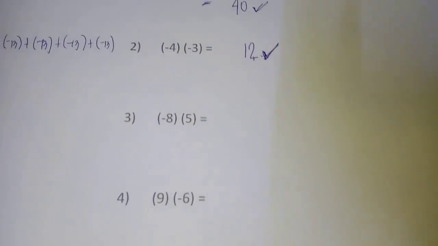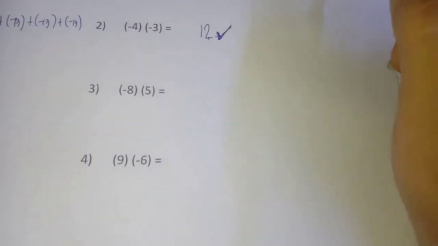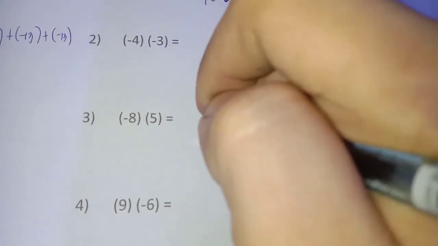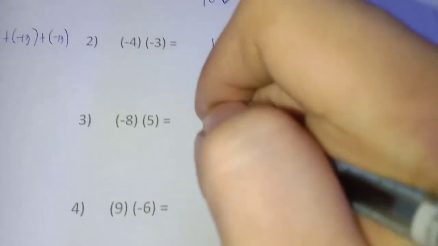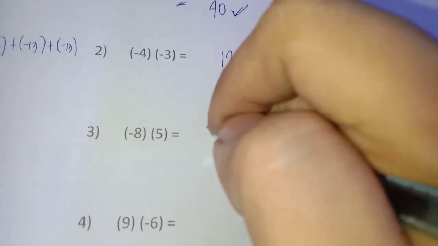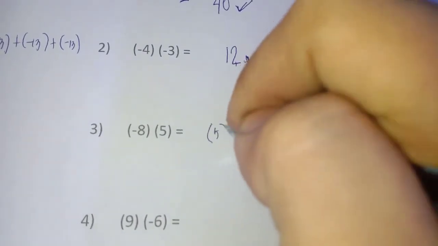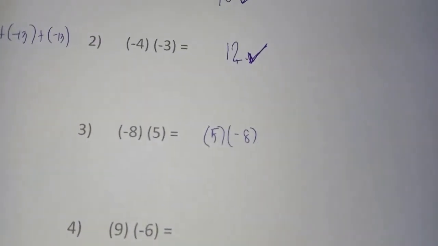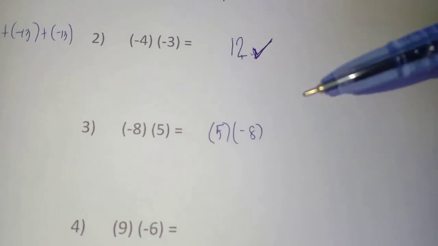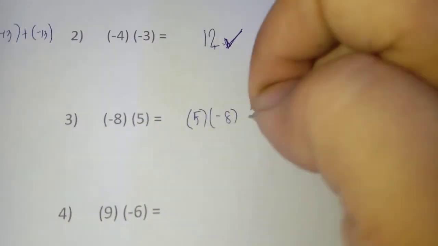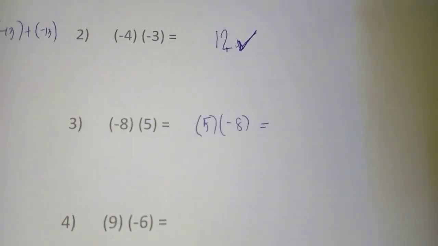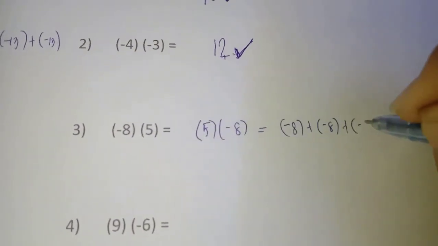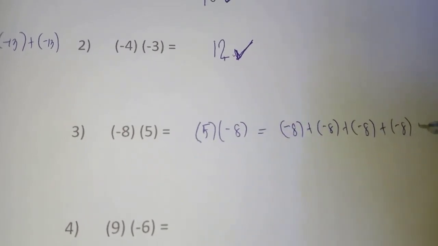Number 3. How about negative 8 times 5? Okay, if we use the commutative property of equality, it is also the same as 5 times negative 8. Or, if we rewrite it into repeated addition, we get negative 8 plus negative 8 plus negative 8 plus negative 8 plus negative 8.